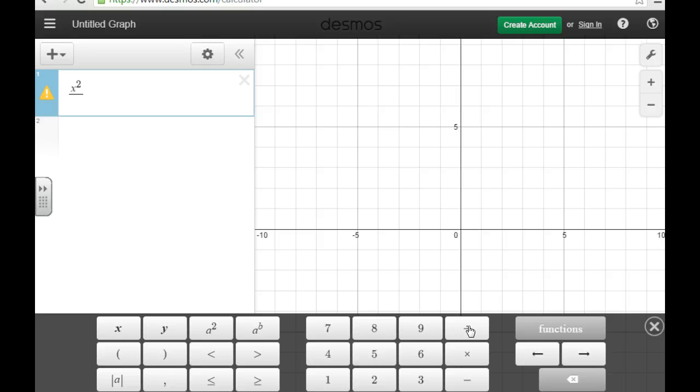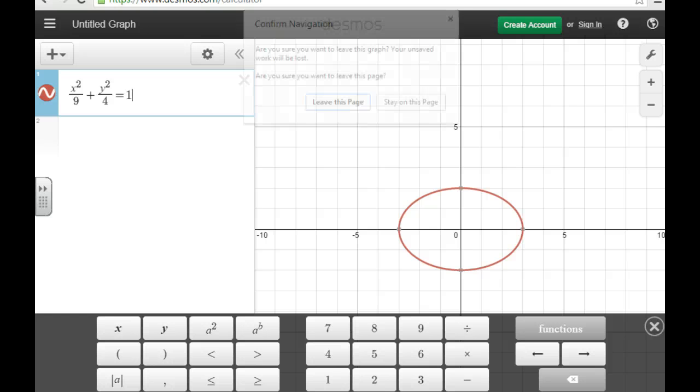What did we have? 9 plus y squared over 4 equals 1. How's that? Nice, huh? Desmos.com, that's it, spelled DESMOS. So if you want to check stuff on your homework, there you go.